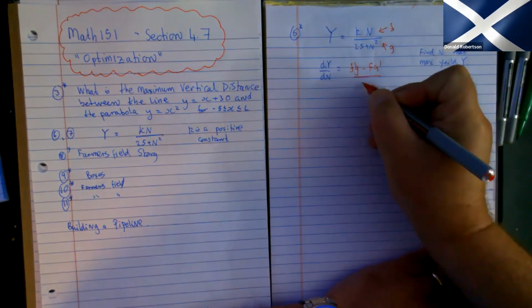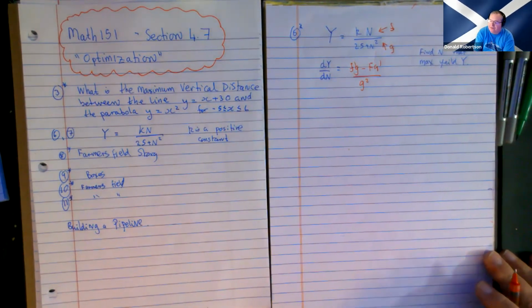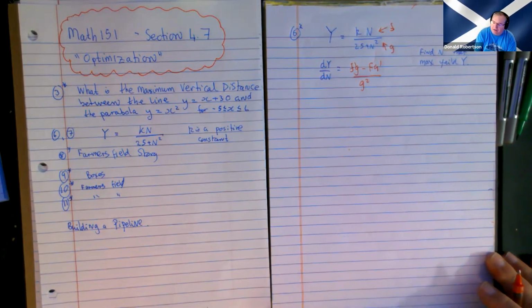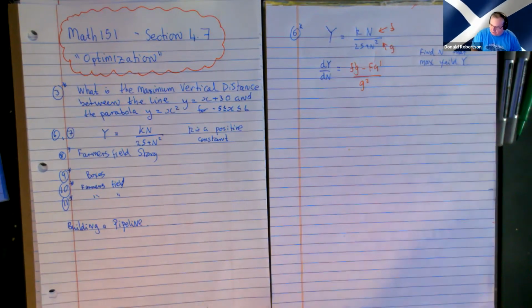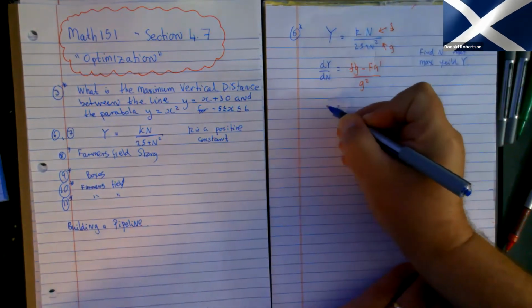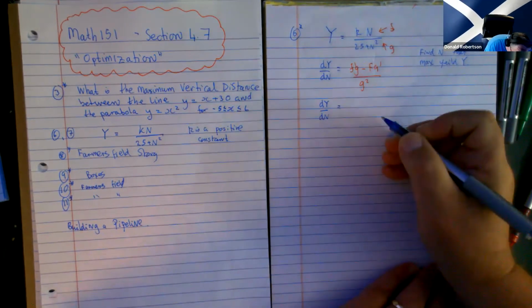Once you've got the optimization function, differentiate it, and then find the critical numbers. The critical numbers are where your answer lies, typically at least. So let's see what the derivative looks like.